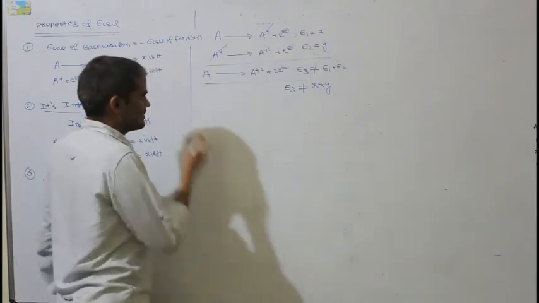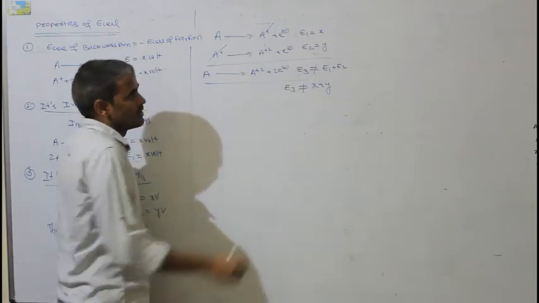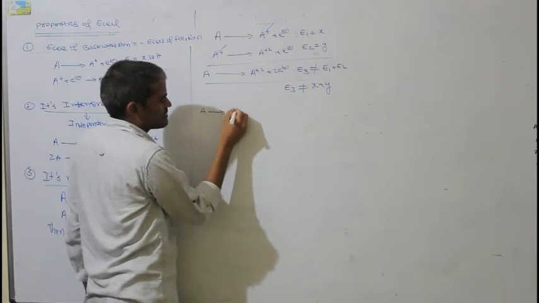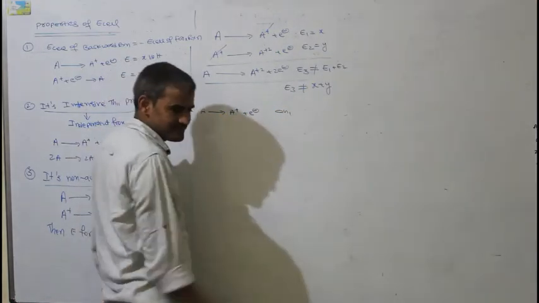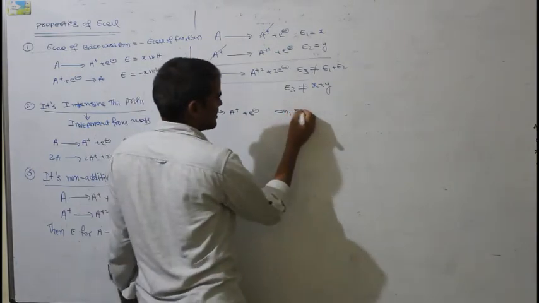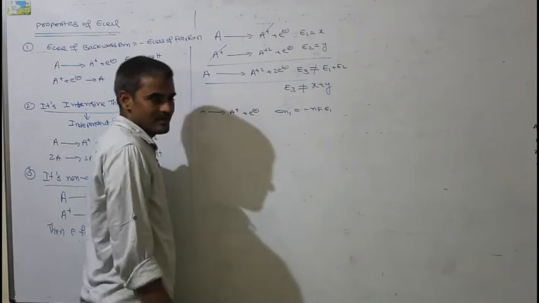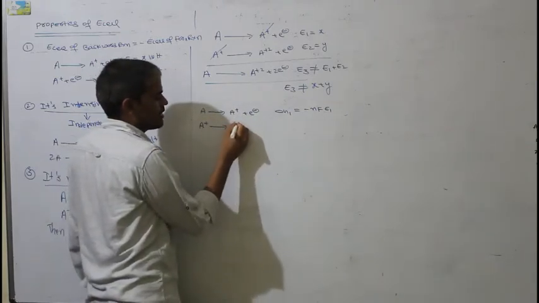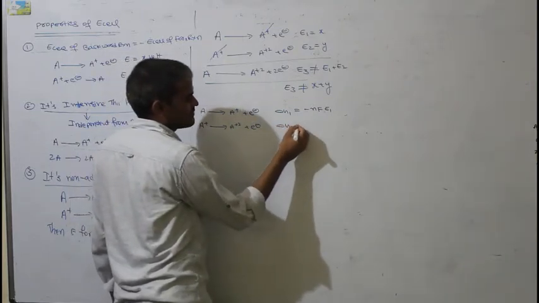So I will convert all three into del G. Here A gives A plus by loss of one electron, I will make del G1. The del G1 formula becomes minus NFE1. Next, A plus becomes A plus 2 by loss of one more electron, which I will take as del G2.